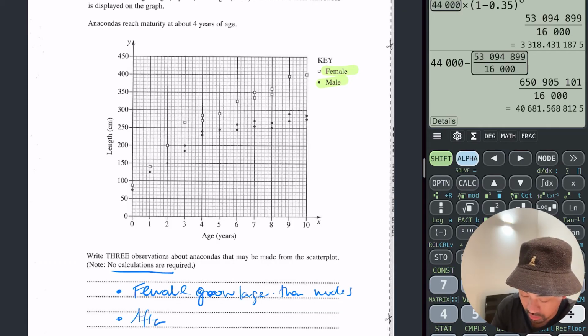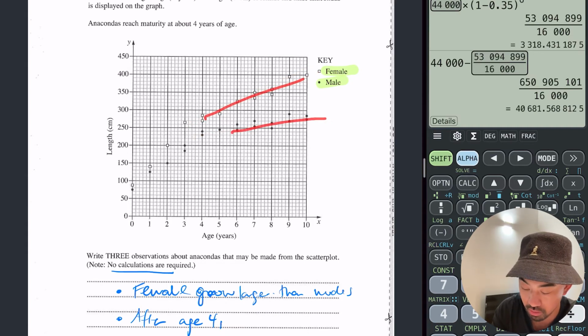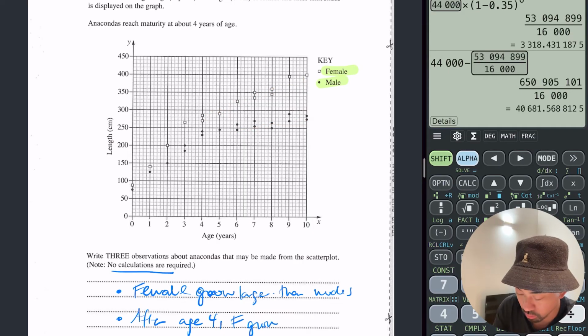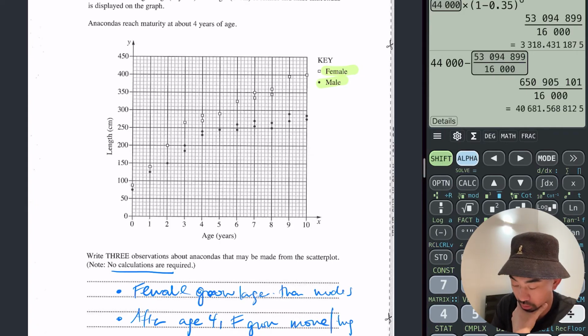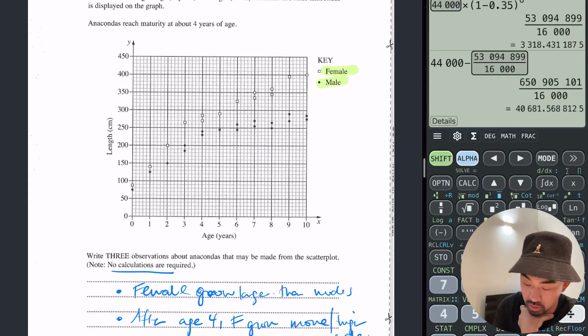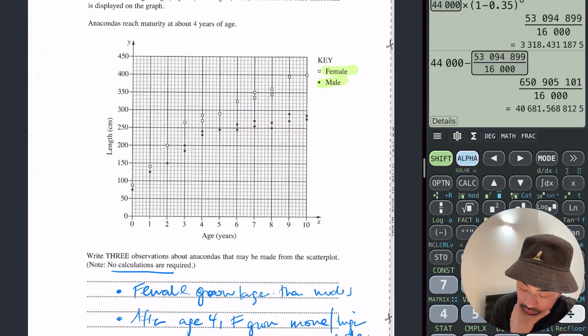Let's say after age 4, the females kind of keep growing at a higher rate. Females grow more, or at a higher rate. This is because the males kind of seem to plateau, but the females kind of do this.